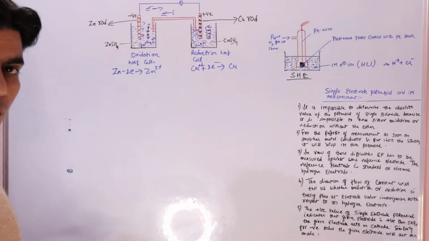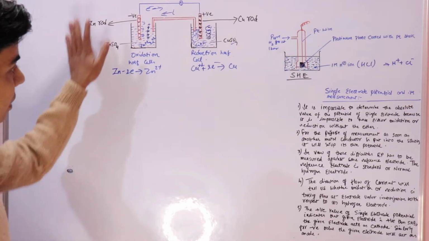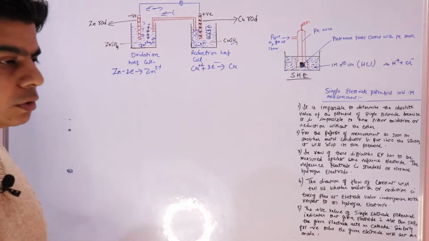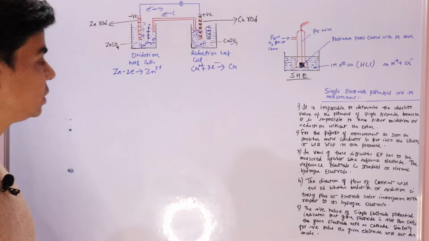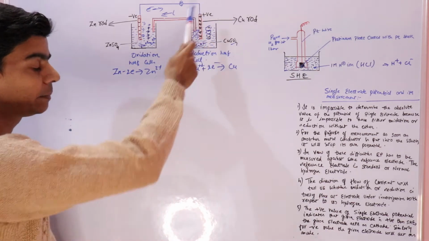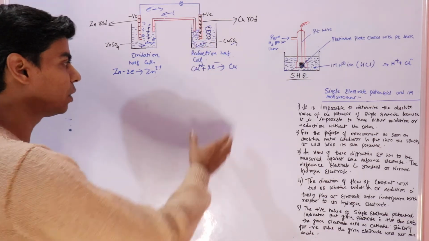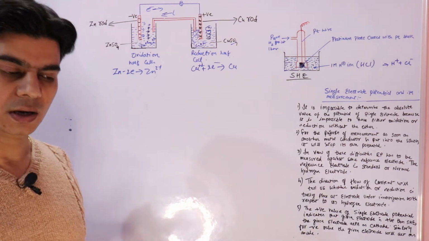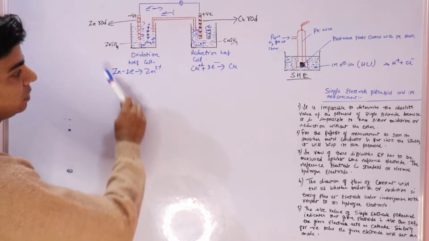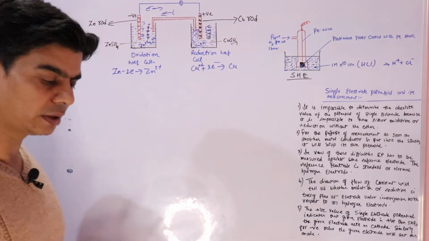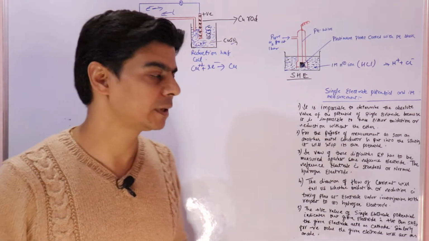And moreover, this tendency of zinc to lose electrons is a relative tendency. It lost electrons in the presence of the copper electrode because copper has high reduction potential and zinc has high oxidation potential, so zinc lost electrons and these electrons are gained by copper, thereby completing the chemical reaction.